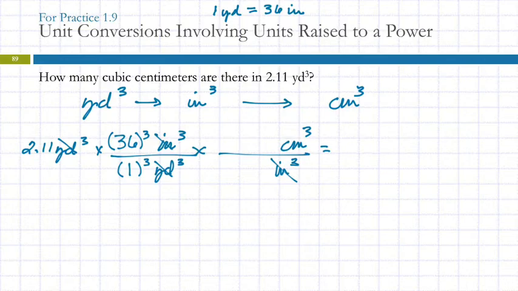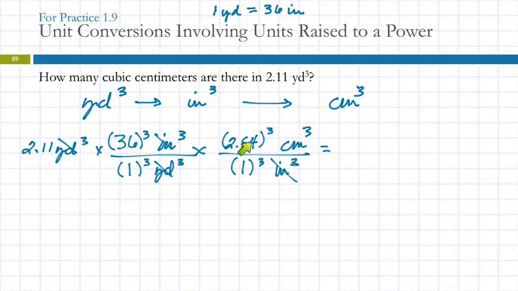That's important. Centimeters and inches, 2.54 centimeters to 1 inch. These units are cubed. The numbers have to be cubed. Now, obviously, 1 cubed is just 1, right?